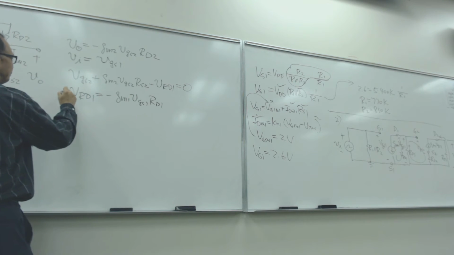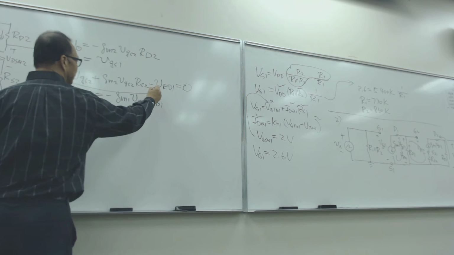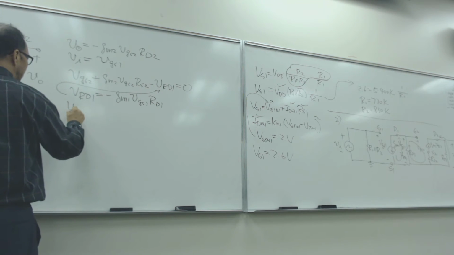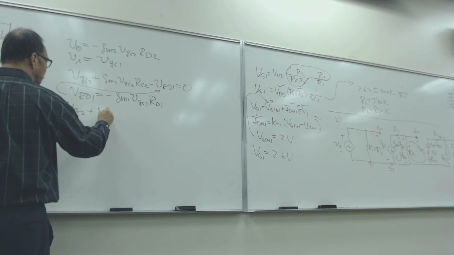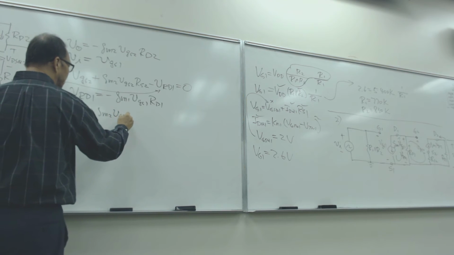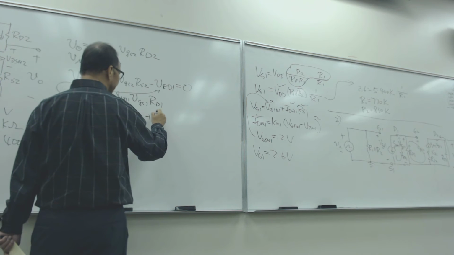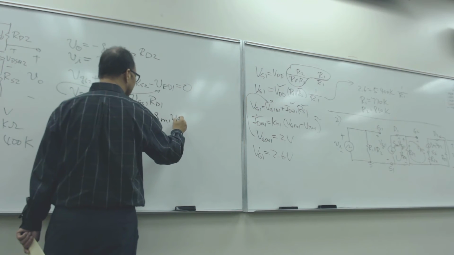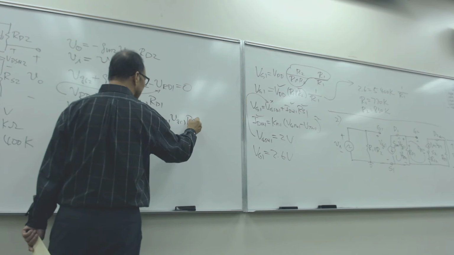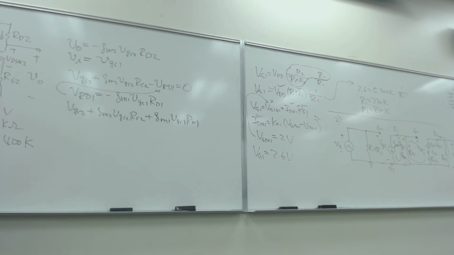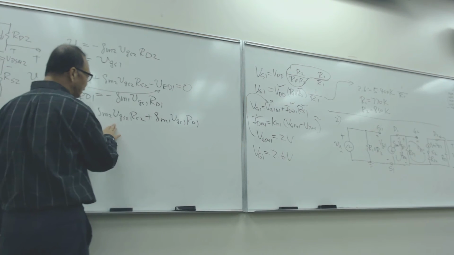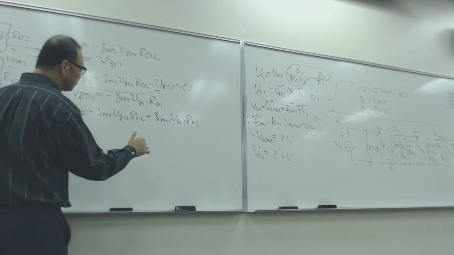Okay, so now you put it here, right? So you get VGS2 plus GM2 VGS2 RS2 minus becomes plus. Okay, so now I can group the terms with VGS1 and the terms with VGS2, right?